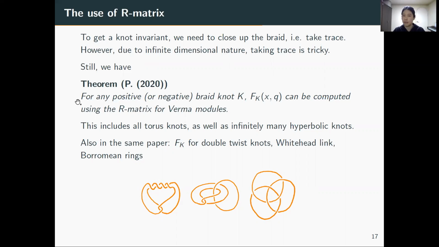For any positive braid knot, where positive braid knots are those knots which are closures of braids which only use positive crossings, if we take the quantum trace of the corresponding representation, it converges well, and it gives the FK that we want.